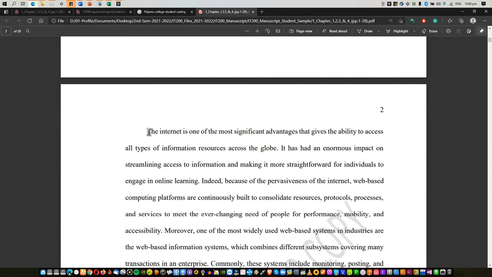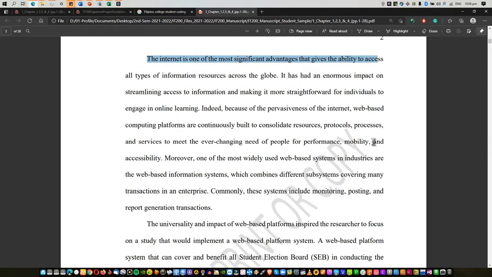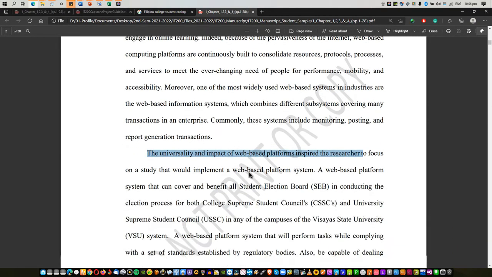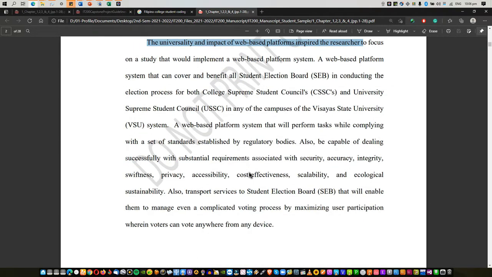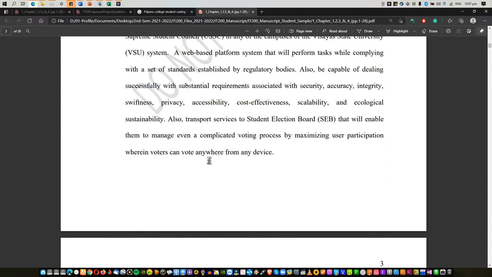So he also discusses the significant advantages of the internet, then leading towards the discussion of web-based systems. Then after that, you go to your main point, no? So you discuss the focal point of the study. Okay, so discuss your system now.